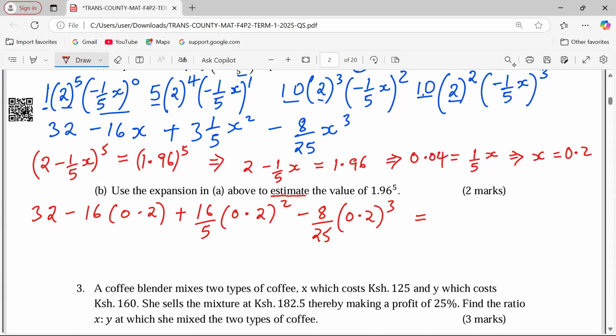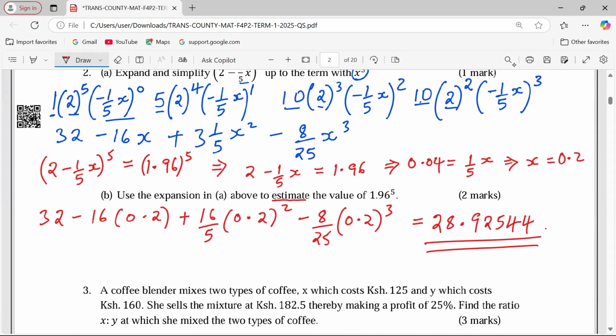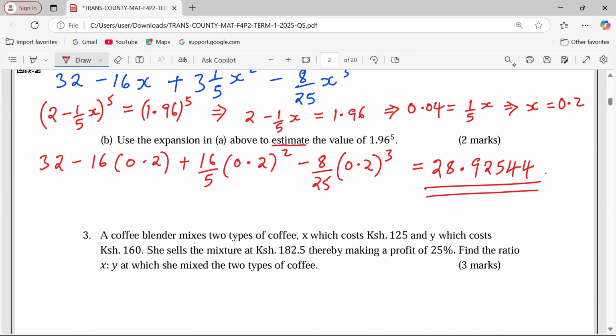That way, I'm getting 28.92544. That is the answer that I'm getting after the expansion. So that is how you apply such things.